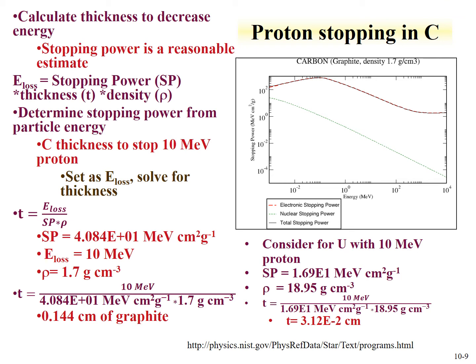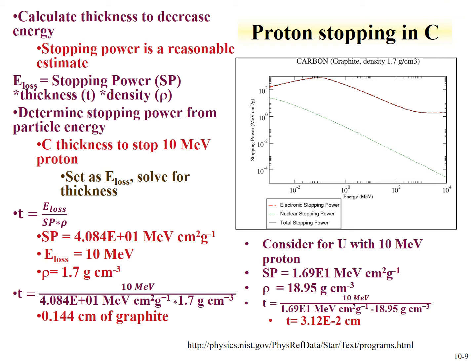So this stopping power is a reasonable estimate, and these equations that we're going to use are good for estimates. More detailed equations can be used to get in-depth calculations on how much material is needed. They do this a lot with medical physics in terms of shielding, or they'll use it in nuclear power plants.